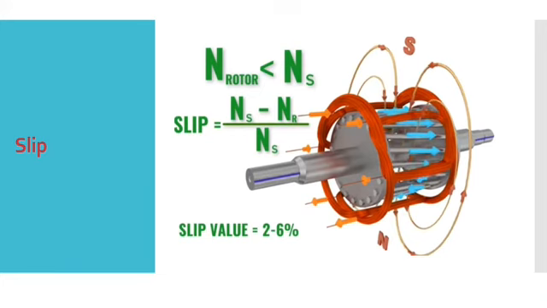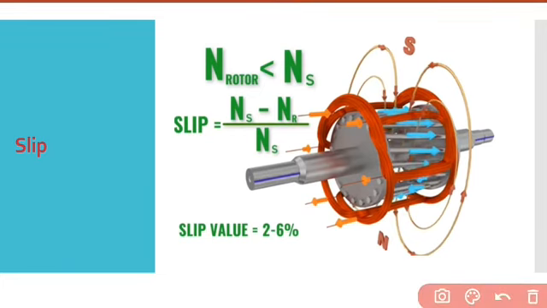Okay, now we consider that the rotor speed is slightly less than the synchronous speed. Over here you can see the rotor speed is slightly less than the synchronous speed. The difference between the synchronous speed and the rotor speed is known as slip.